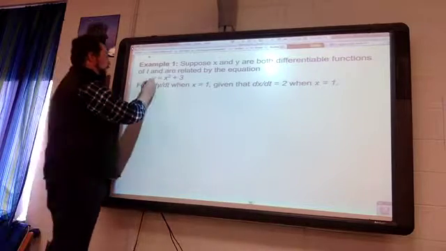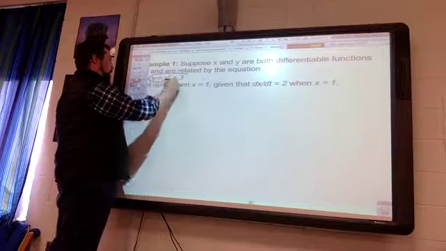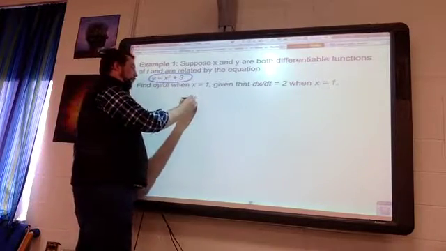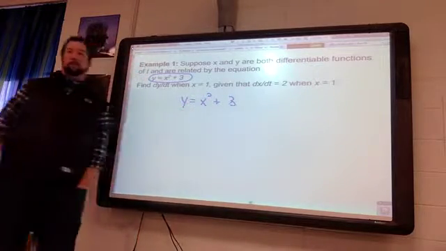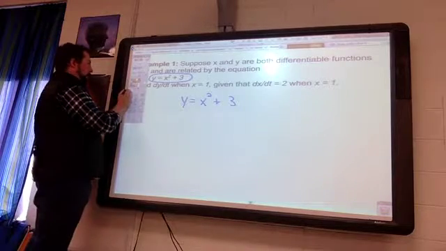So here we have our equation, which relates everything: y is equal to x squared plus 3. Let's come over here and figure out the stuff that they gave us.